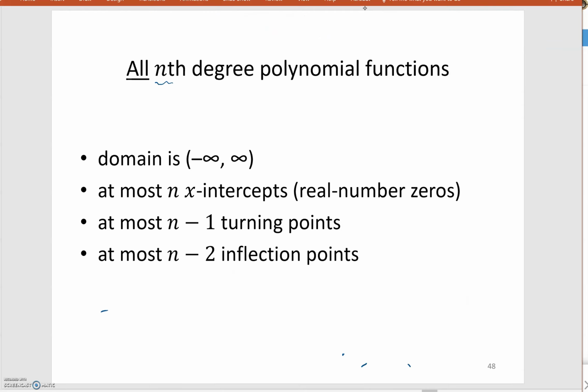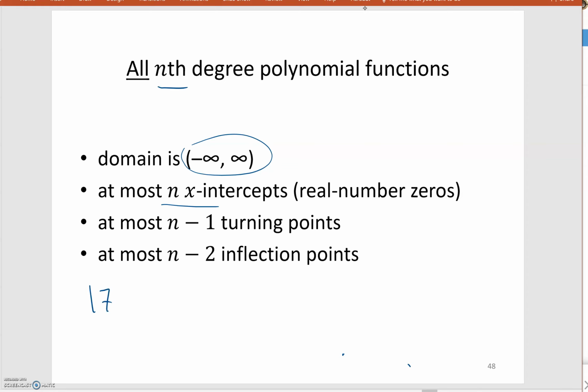So if we just talk about this in general, all nth degree polynomials, n being some integer, 1, 2, 3, 4, 5, 6, 7, whatever, all of them have all real numbers as their domain. N x-intercepts, or real number zeros, at most, at most n minus 1 turning points, and at most n minus 2 inflection points.